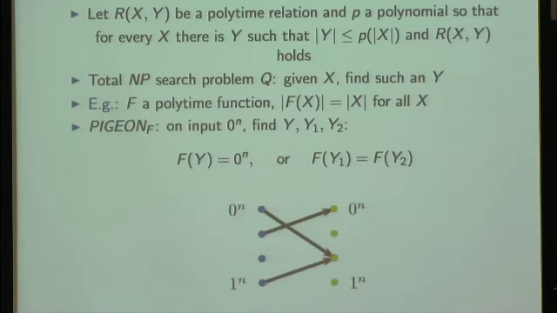So it simply says that if f is not 0, then there must be two pigeons that map to the same value from 1 to n-1. The class PPP is the closure of this search problem for all polytime functions f.